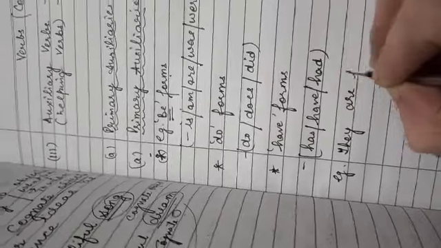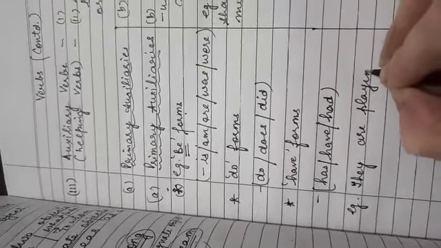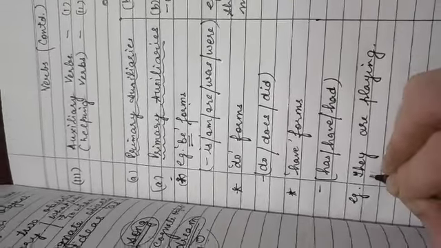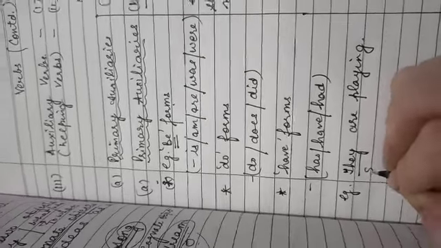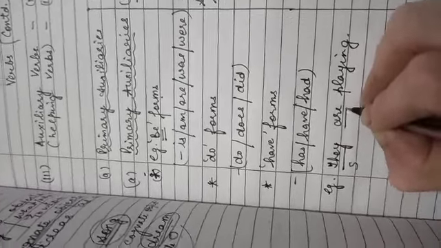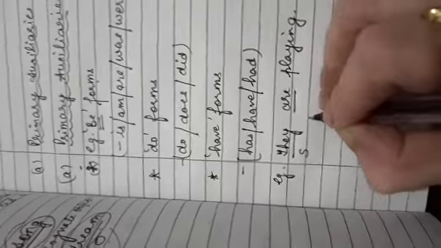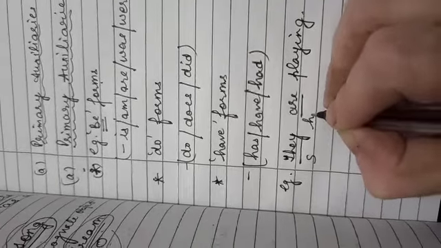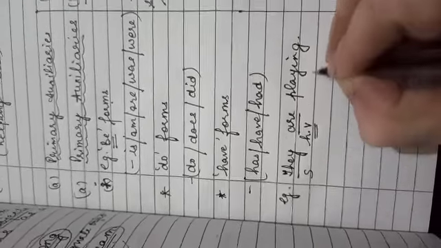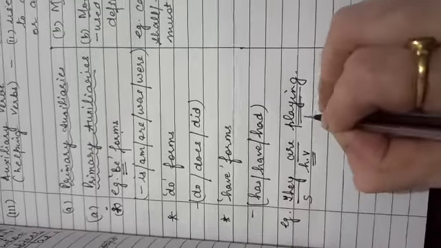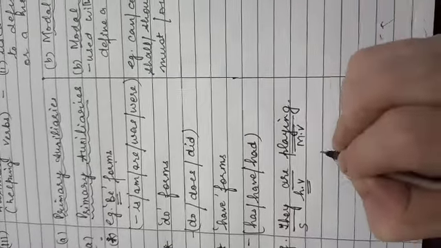Please note it down. And at first I'll give the example for primary auxiliaries. For example, they are playing. Take this example. Now you can see this is subject. This is helping verb and this is main verb.